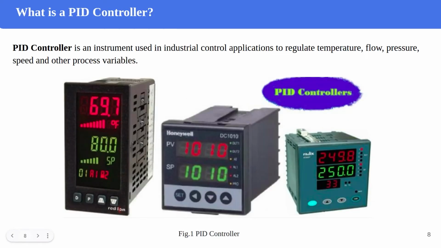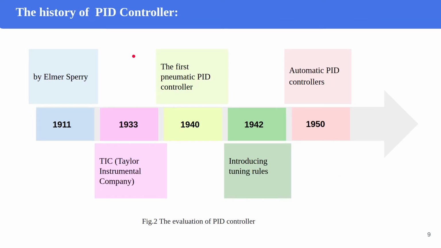Okay, what is a PID controller? As you see, a PID controller is an instrument that is used in industrial applications to control and regulate flow, pressure, temperature, speed, and other processes. Here I'd like to tell you a brief story of the PID controller.